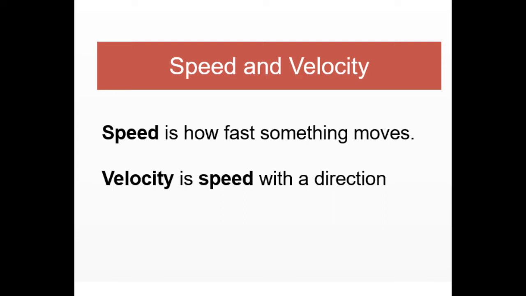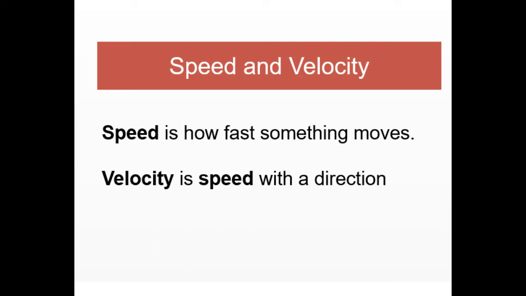But if the person never changes direction and always goes back to the starting point, then the velocity is zero. Because velocity is a vector quantity in which direction is always very important.